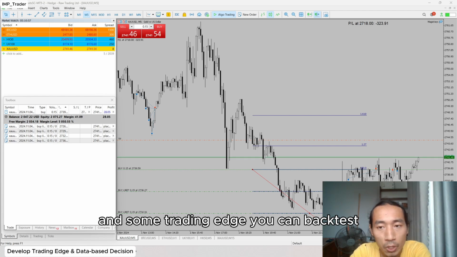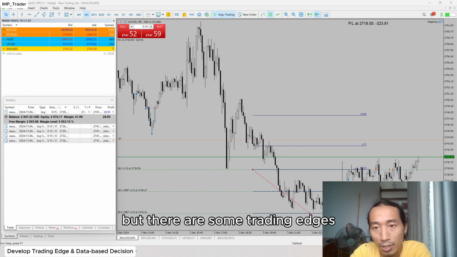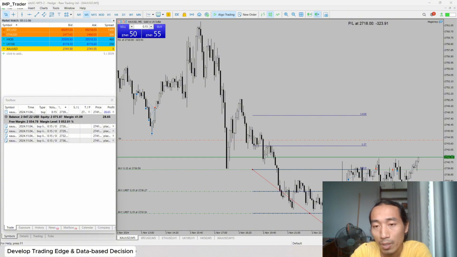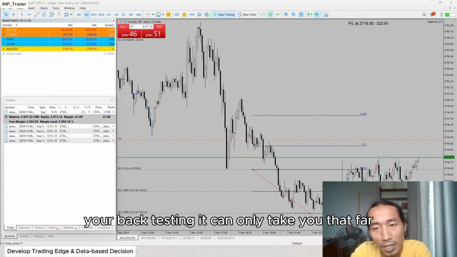And some trading edges you can backtest, but there are some you can only see in live market conditions, because backtesting can only take you that far.